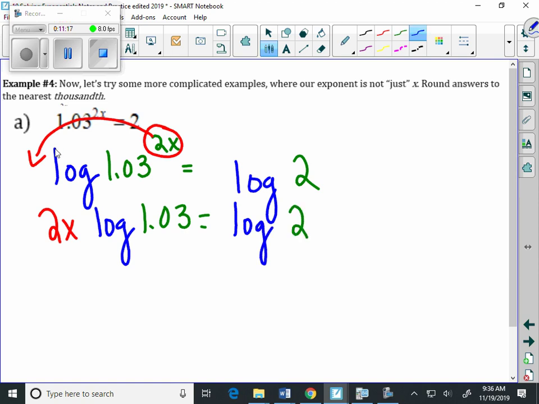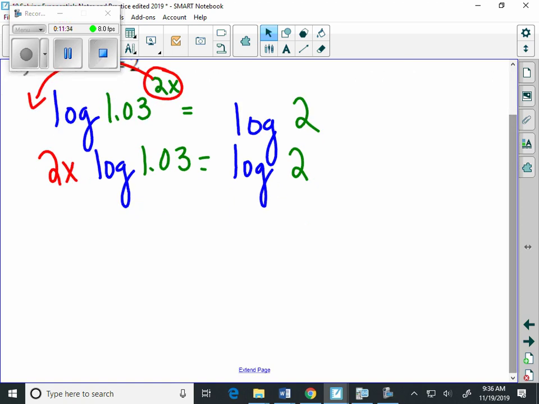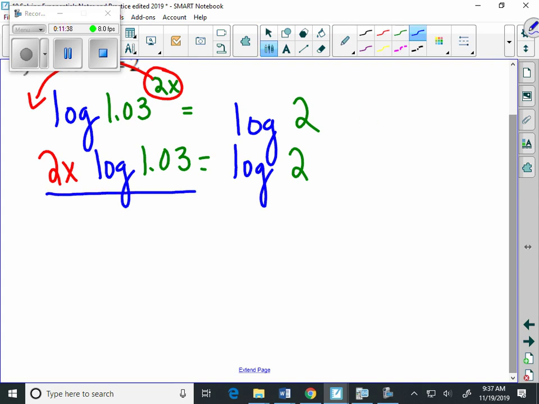And what's going to happen here is that we want to solve for x. It's just a teeny bit more complicated. But what I can recommend here is we isolate the 2x this time. So it's 2x times our logarithm. So let's divide by log of 1.03. If we divide the left side by the log of 1.03, we can divide the right side also by log of 1.03.